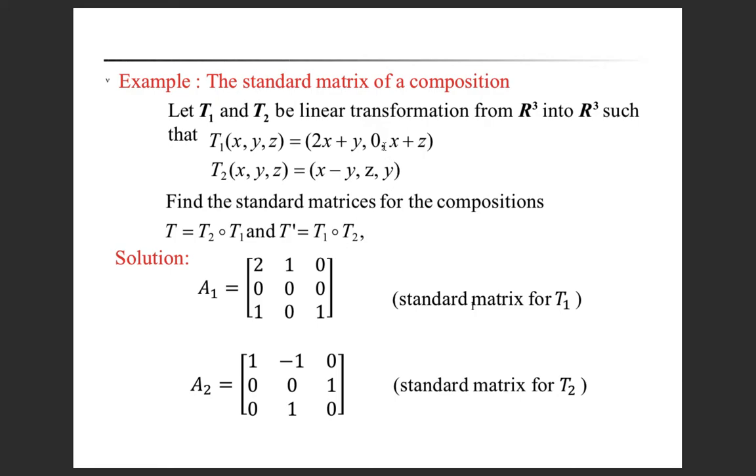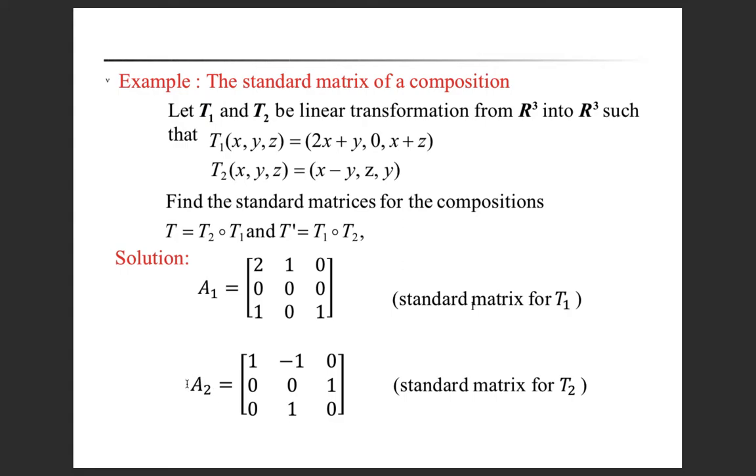For the second vector, the coefficients of x, y, z are all 0, so the second row is 0, 0, 0. In the third vector the coefficient of x is 1, y is 0, z is 1. So the third row is 1, 0, 1. Therefore the standard matrix for T1 is 2, 1, 0; 0, 0, 0; 1, 0, 1.